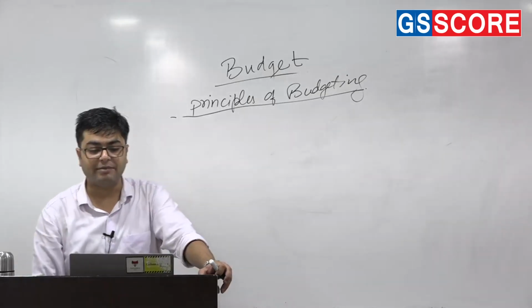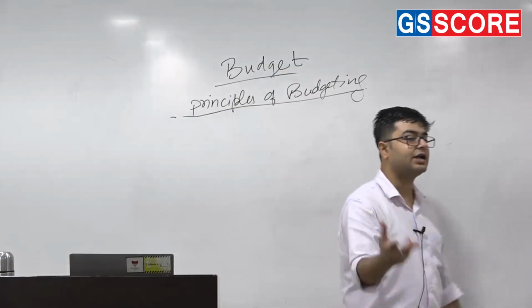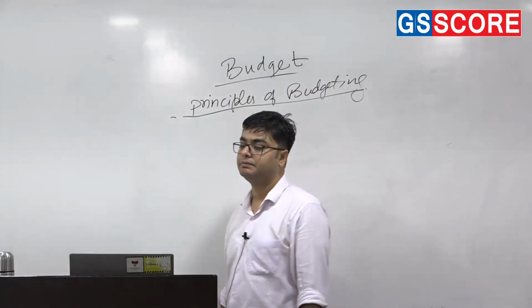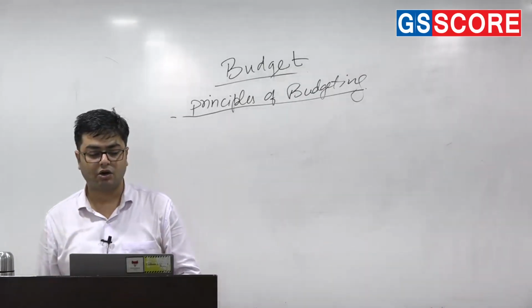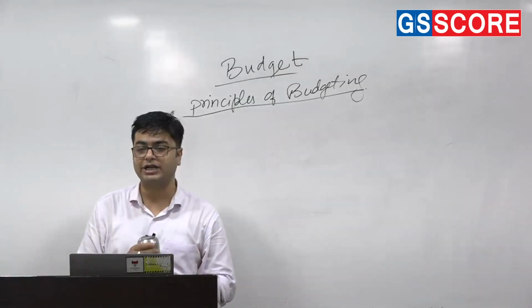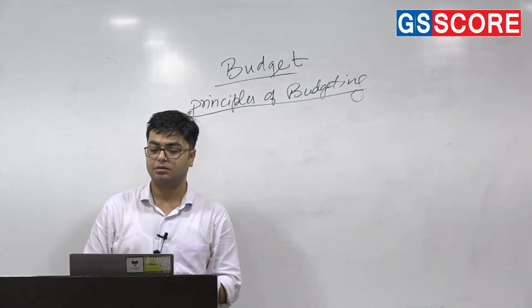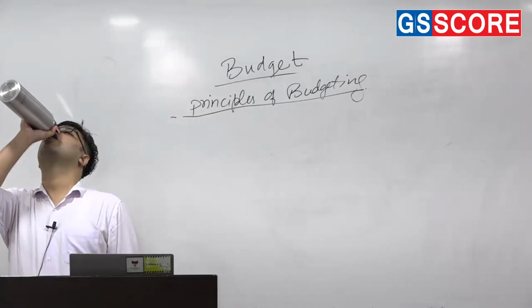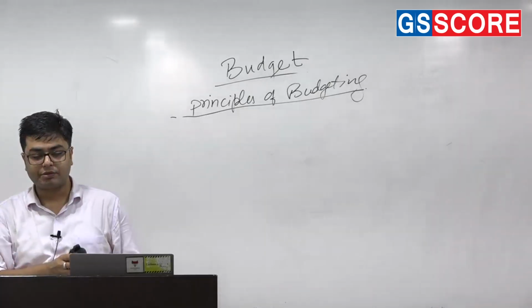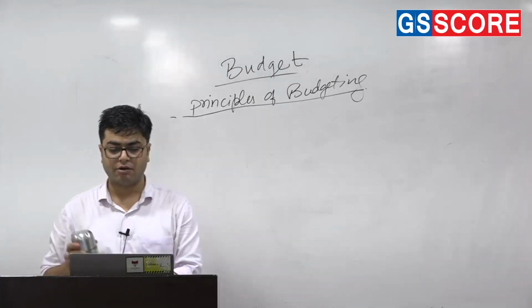Also, the way budgeting is done, it should be done in a manner that it is understandable, comprehensible by the common man. There should not be an element of window dressing, mystification, obfuscation, etc. Okay?